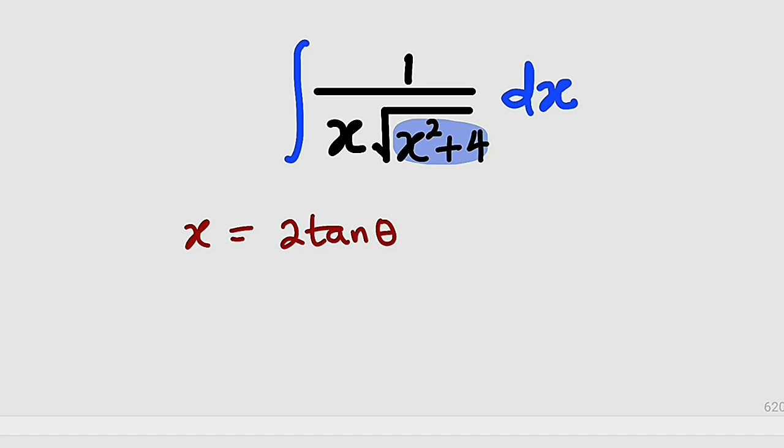But let us differentiate both sides. If you differentiate this, you have dx. So we have dx here. If you differentiate this, you know 2 is constant, but the derivative of tan theta is what? Secant squared theta. So now let us back substitute.